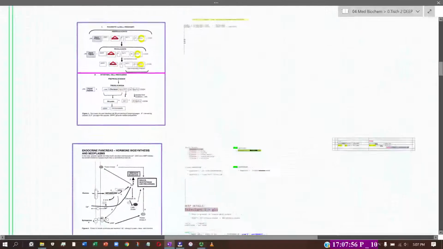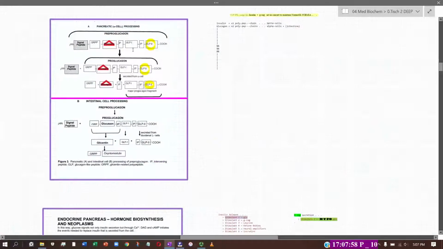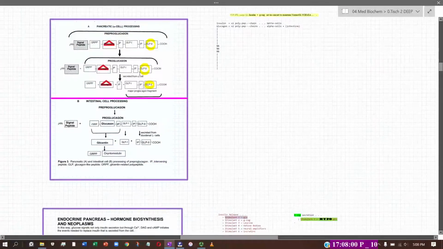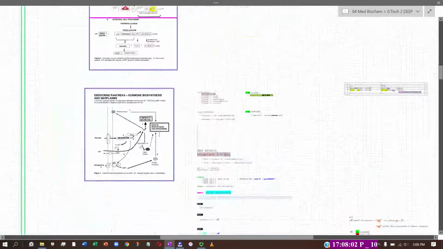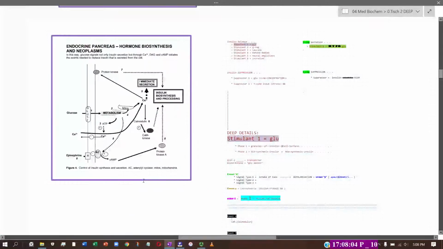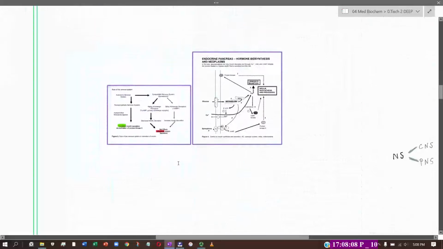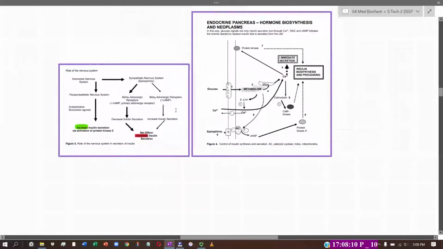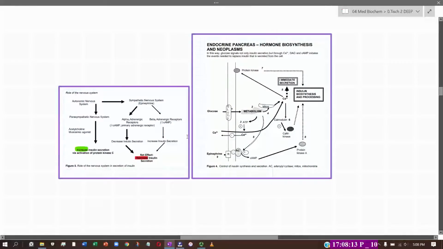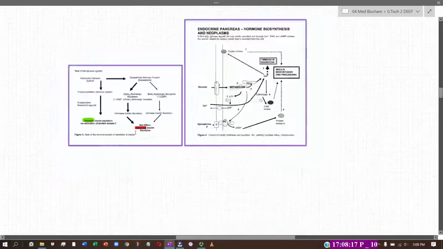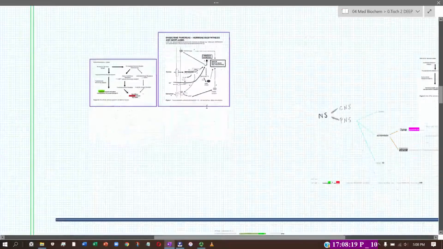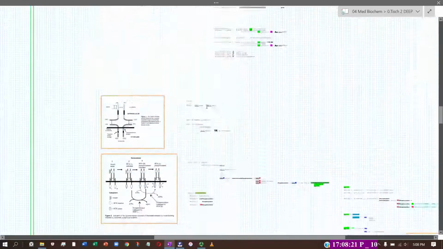Figure 3 is glucagon, and again, the stages it goes through for synthesis. Figure 4 is the control of insulin synthesis and secretion. And number 5 was not too complicated, and it was kind of integrated into the other one, but that's it for that.